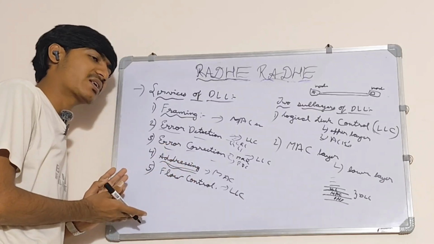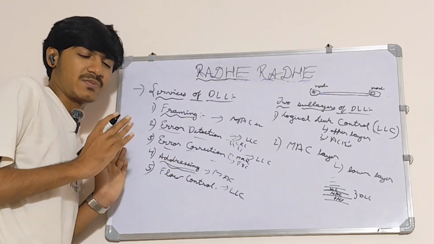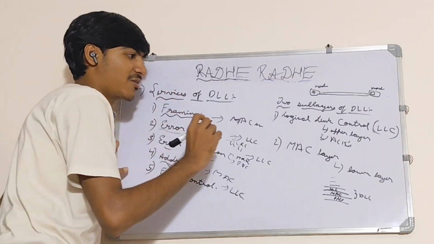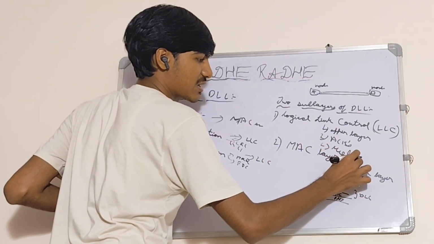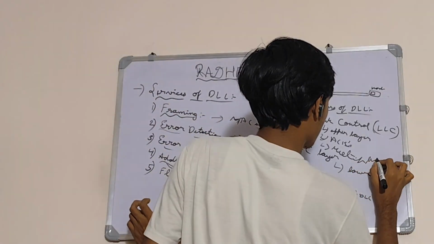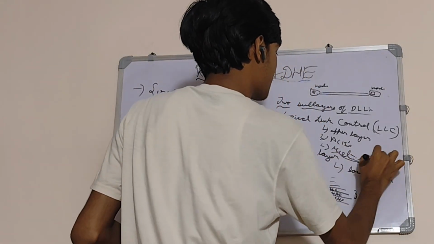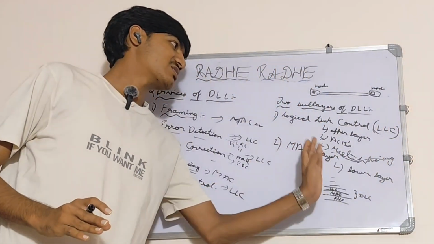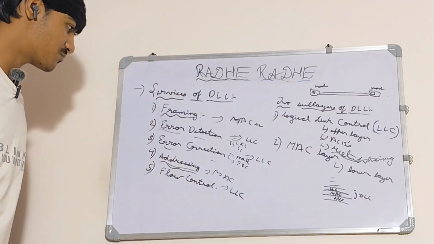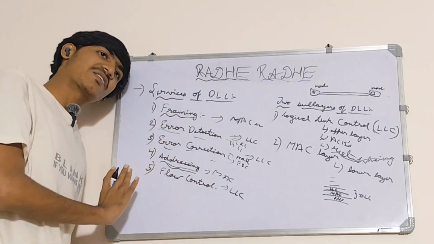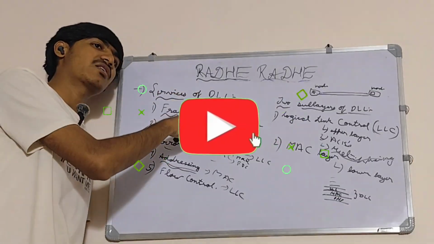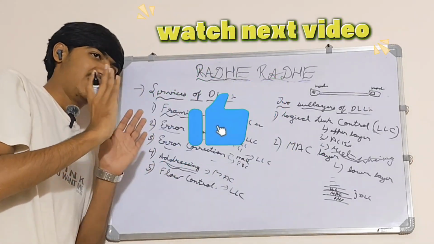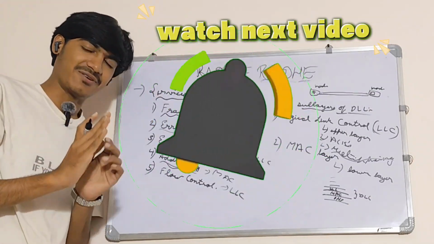I don't want to include it separately, which is called multiplexing. Multiplexing is also done by logical link control. Okay, fine. So these are the 5 functions. Each and every function is carried out by one of the sublayers of the data link layer. Let's start these functions one by one.